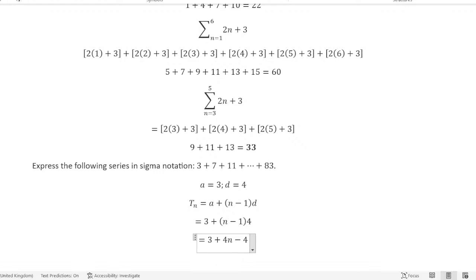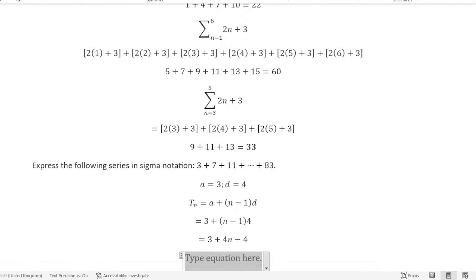So 3 plus 4n minus 4. Then let's simplify. It is equal to 4n minus 1. So now Tn is equal to 4n minus 1, right?